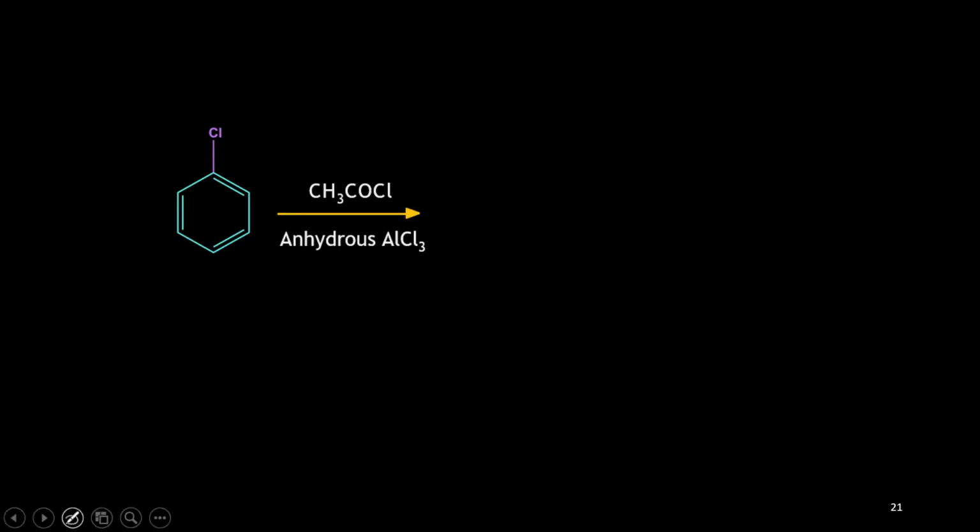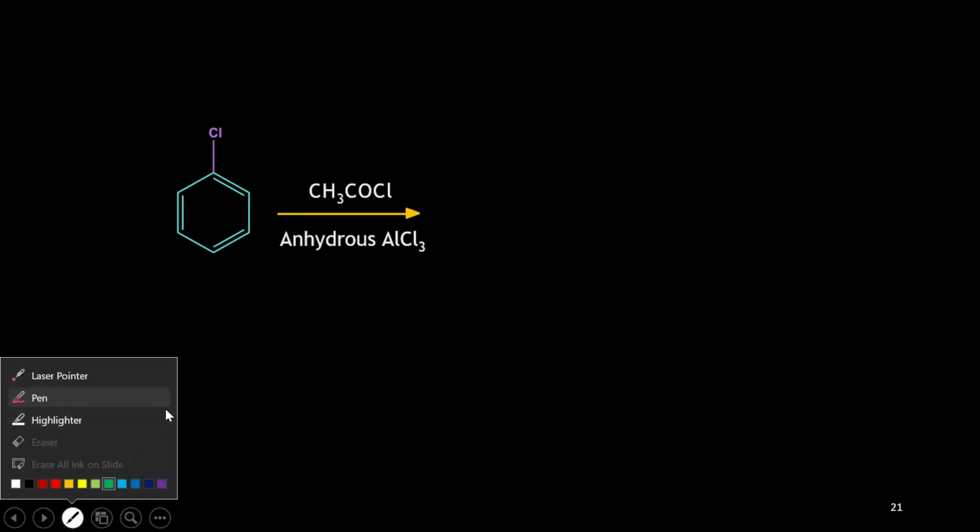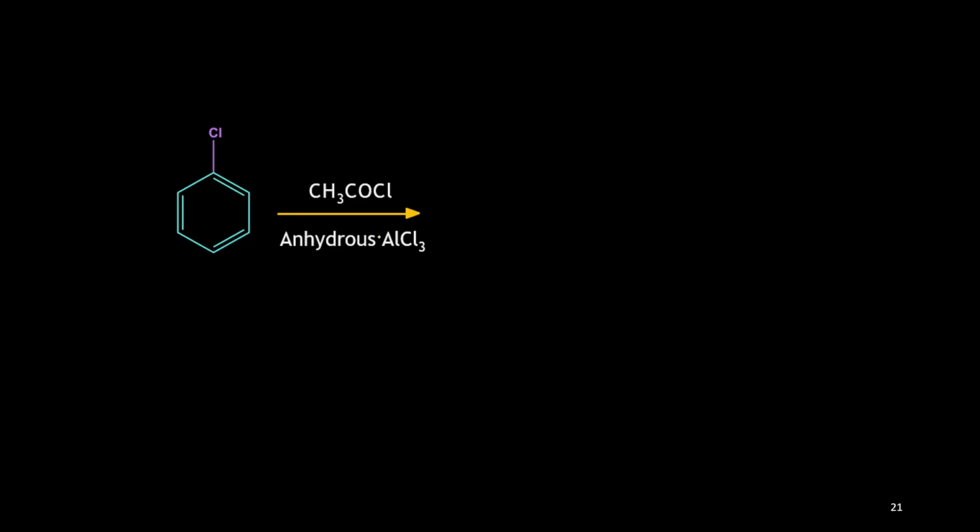See, instead of explaining all the questions, I am just giving a good number of examples. CH3COCl. Now tell me, how will it form? How will the bond break here?